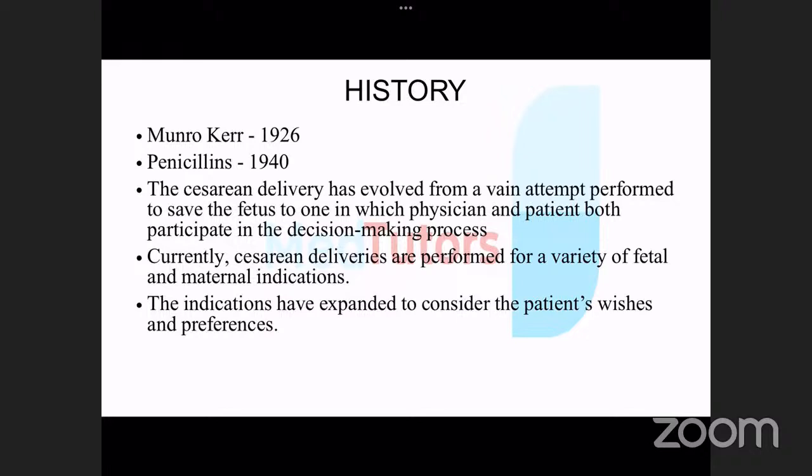So currently, cesarean deliveries are performed for a variety of fetal and maternal indications. The indications have expanded to consider even the woman's wishes and preferences. We're talking about cesarean section for maternal choice, right? Next slide.